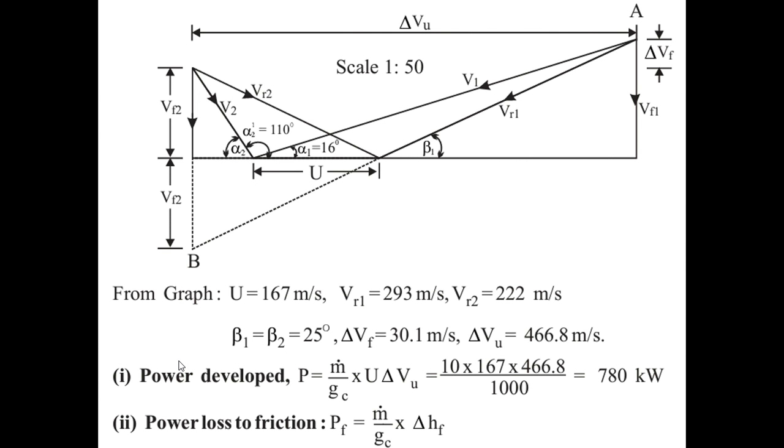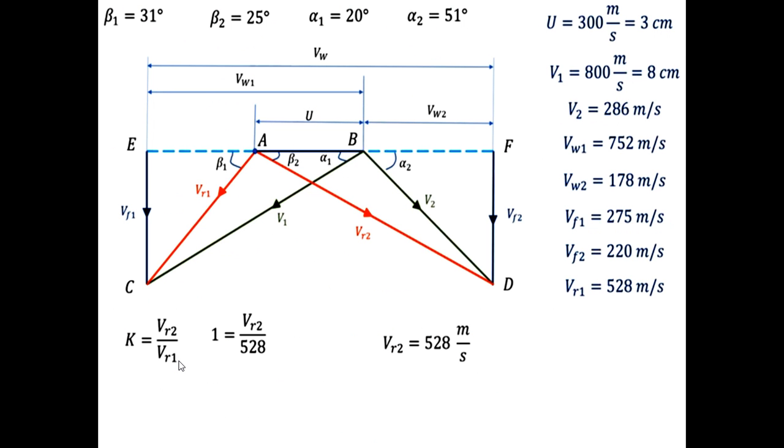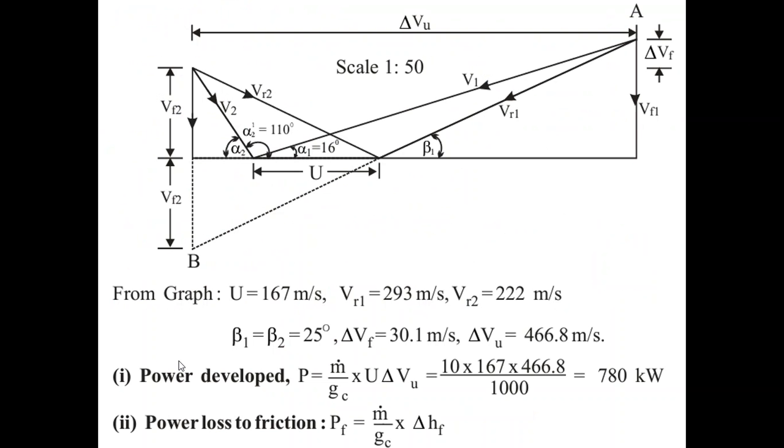So after VF2, VF1, V1, V2, we don't know VR2, VR1, we don't know beta 1, beta 2. Only the condition they have given is that beta 1 is the same as beta 2. But depending upon that condition, we don't know the values. Now, as I told you, the bottom side velocity triangle and the top side velocity triangle are both the same, both are mirror images.